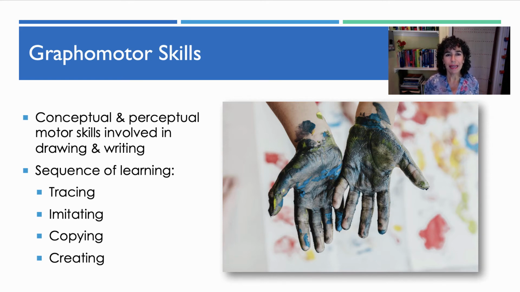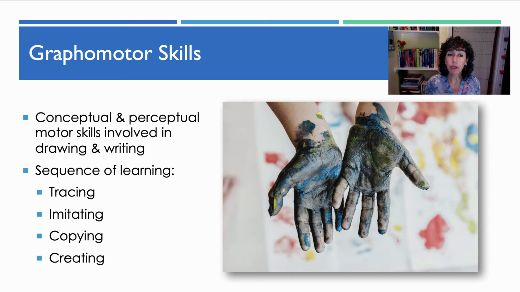So graphomotor skills are a complex constellation of skills that involve the hand, but also extend to include the brain, the eyes, the proprioceptive and tactile systems. So they're really pulling together a lot of domains of development.